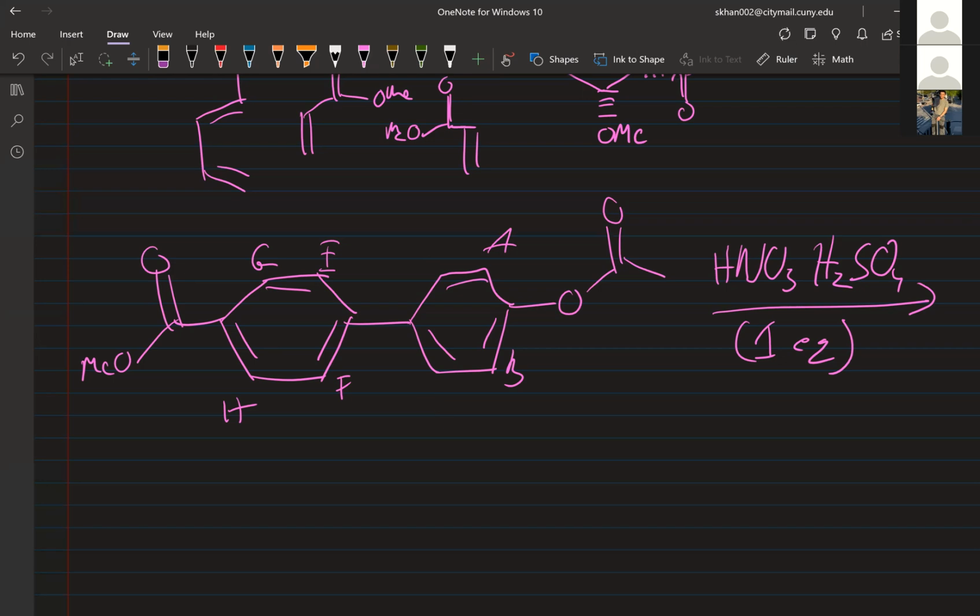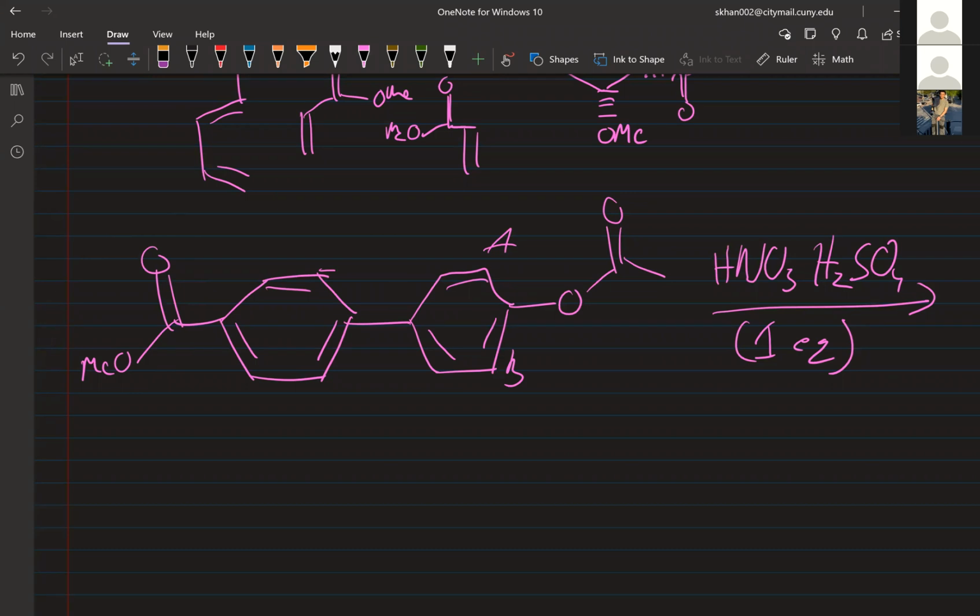The reason for that is let's look at all the groups. Remember, you have to consider each part of the ring like a group. So this is a group, an electron withdrawing group, that does not control the directing effects at all.